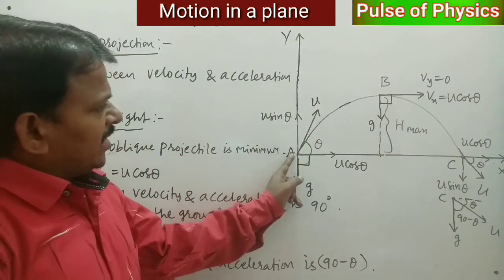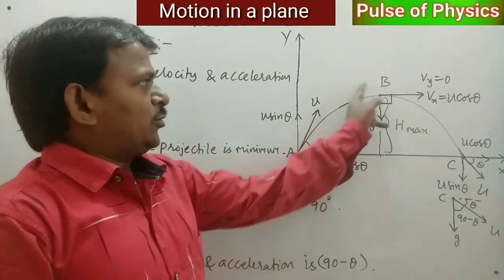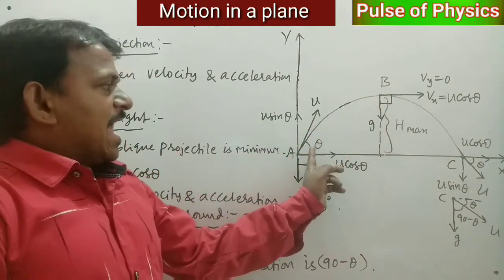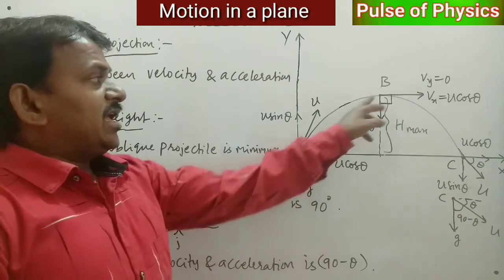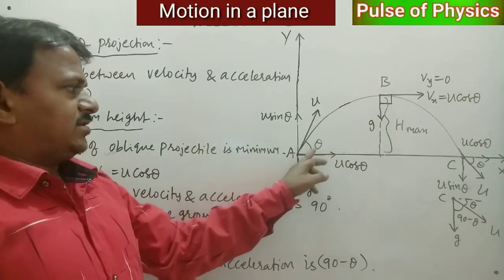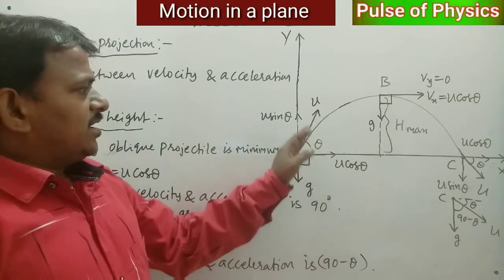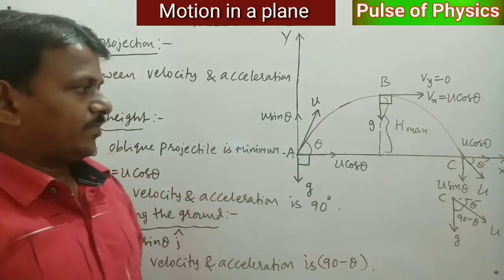You see one more important point. During the rise of the projectile, from A to B, the angle between velocity and acceleration is above 90. Here it is 90 plus theta, that is, between 90 and 180 degrees.